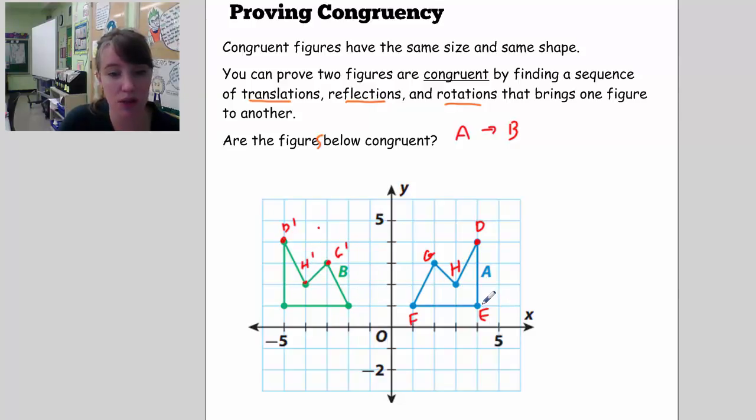So you can tell, E is over here, this E prime and F prime. The figure has been flipped, the orientation's been flipped left, right. So there's a reflection, because that's how the orientation gets flipped with a reflection. But if I reflect over the x-axis, F prime would show up right here. Okay, so not only has it been reflected, it's actually been translated one to the left.